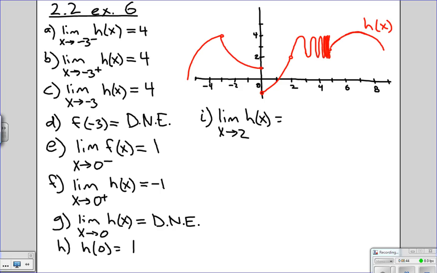Now notice it's not going from the left or the right, it's just cutting straight to the chase, saying what's the overall limit.